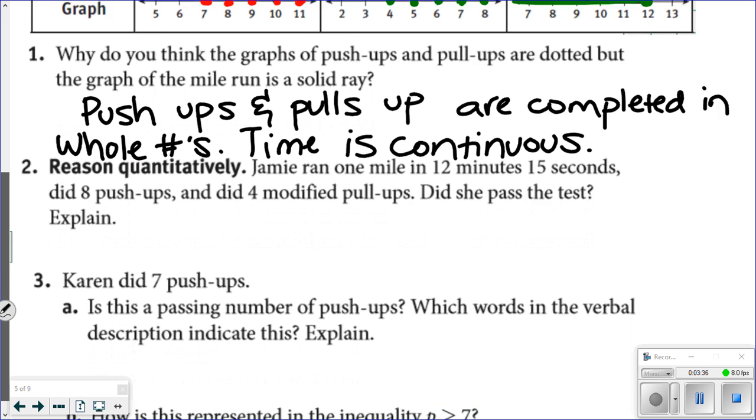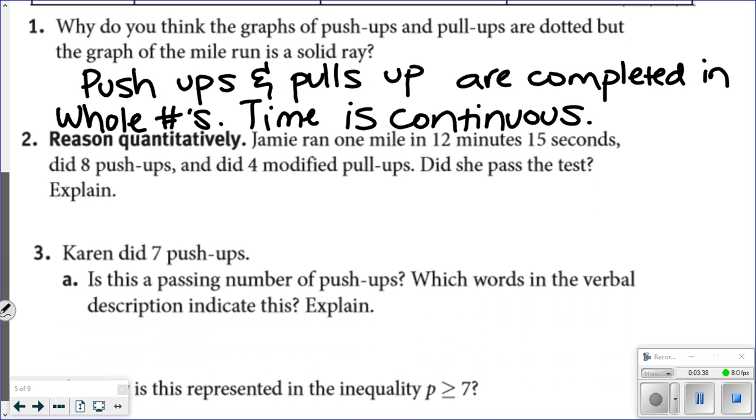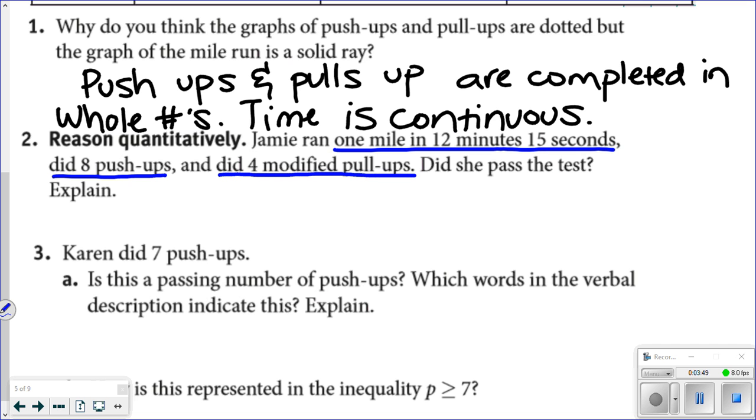Okay, question 2, we're going to look at a student named Jamie. Jamie ran 1 mile in 12 minutes, 15 seconds, did 8 push-ups, and did 4 modified pull-ups. Pause the video and answer, did she pass the test? And explain why.